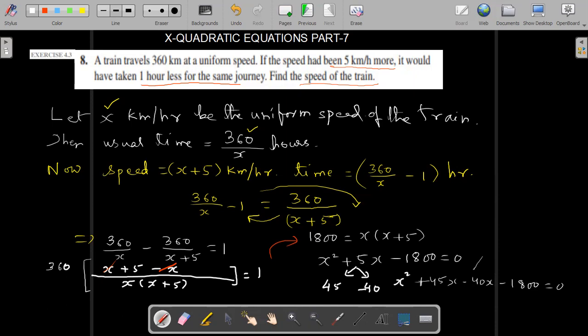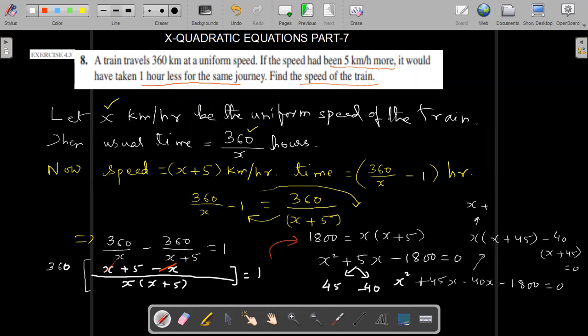Then solve this, take out common x. Now we take x common. So x plus 45 minus 40 common, then x plus 45 is left. 45 into 40, x is again common.